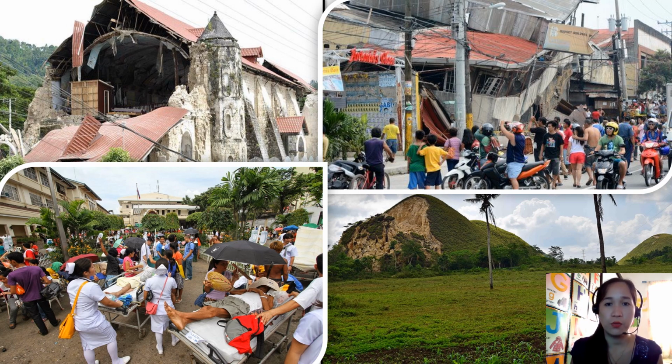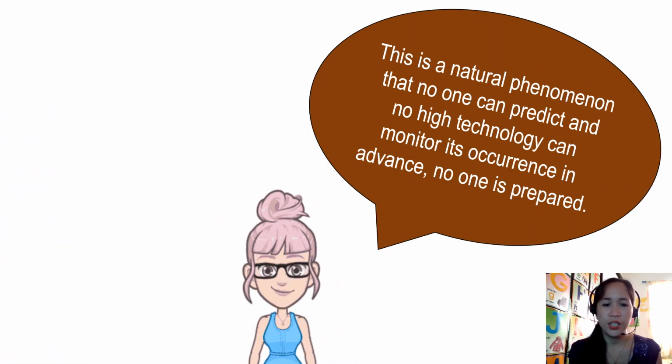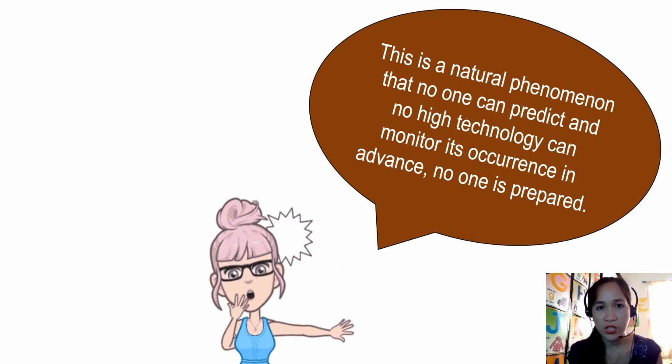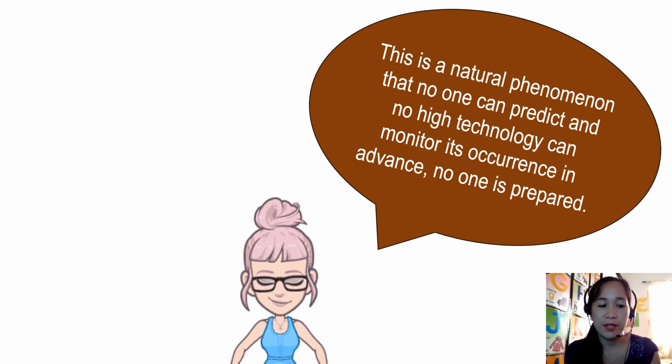So that's so sad. Yes, and it is true that earthquake is one of the most dangerous natural disasters everyone could experience. The damages it creates depend on its strength. And the aftershocks made everyone fearful of what will happen next.